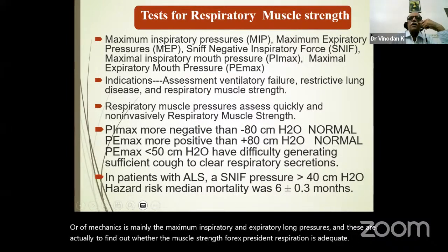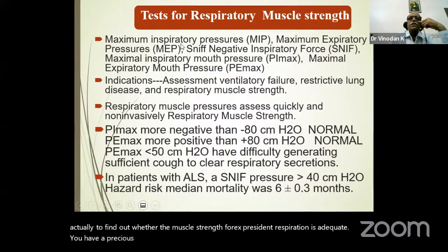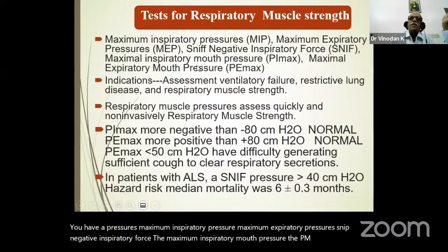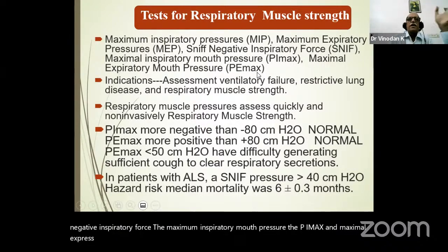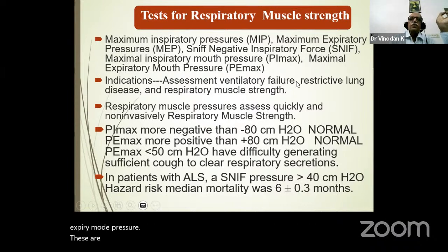You have pressures like maximum inspiratory pressure, maximum expiratory pressure, sniff negative inspiratory force, the maximal inspiratory mouth pressure, the PI max, and maximal expiratory mouth pressure. These are mainly used to check respiratory muscle strength, especially in motor neuron disease.